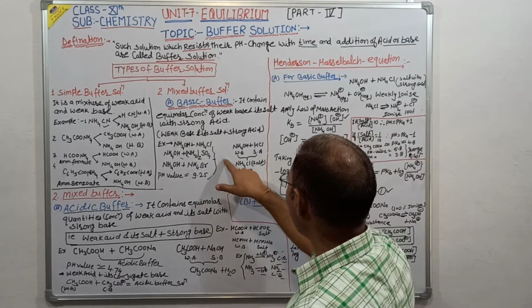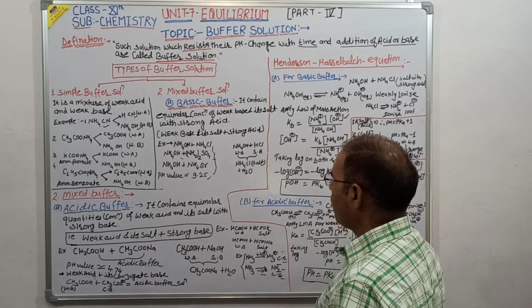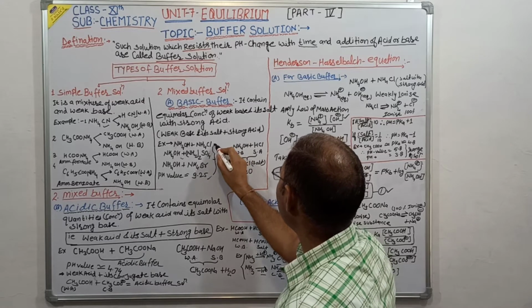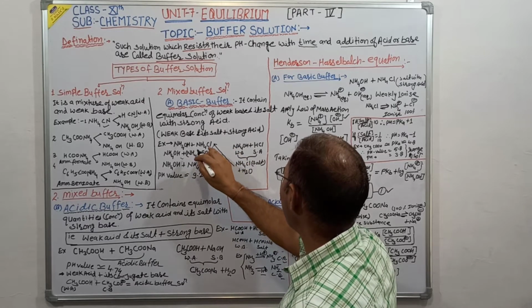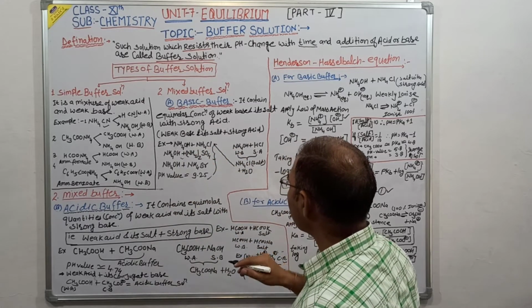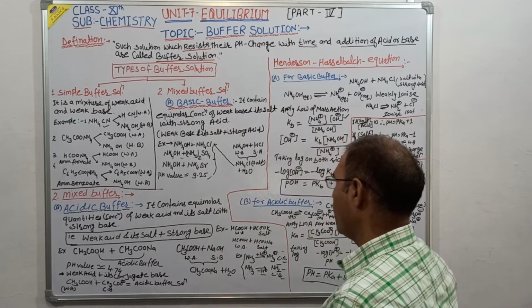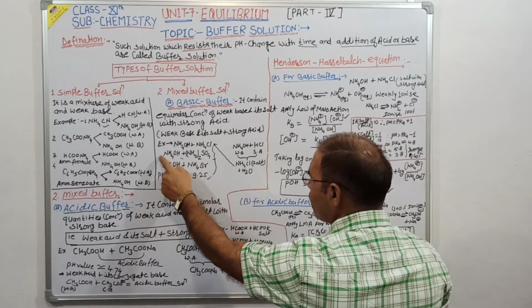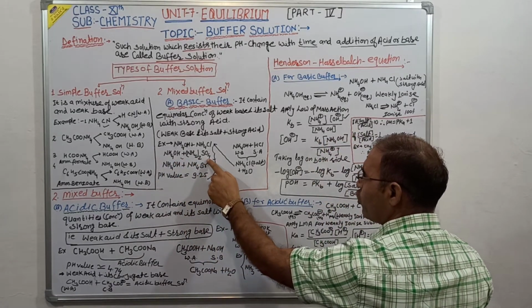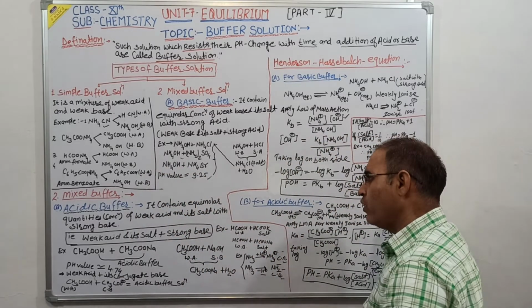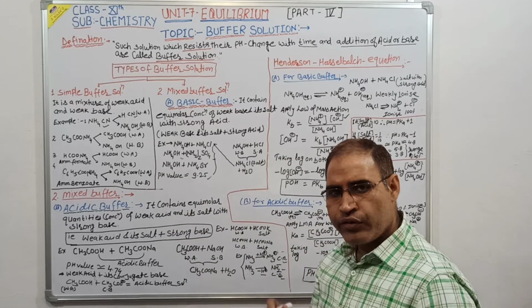This ammonium chloride salt is mixed with ammonium hydroxide to form the basic buffer solution. Other examples are ammonium hydroxide plus ammonium sulfate, and ammonium hydroxide plus ammonium bromide. These are basic buffer solutions.